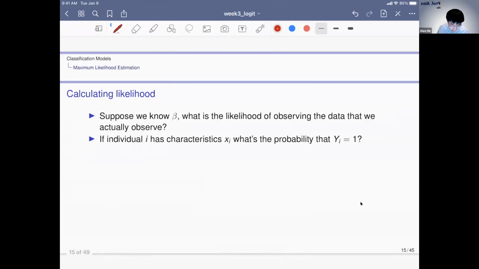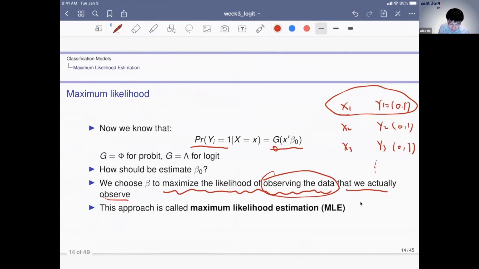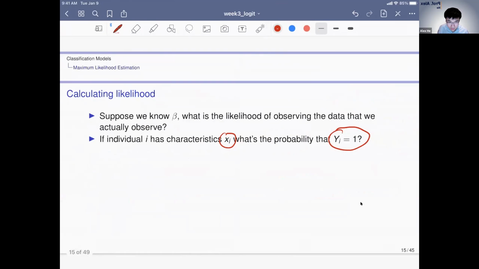For that individual, it has xi, and then what is the probability of yi equals 1? That probability is just this nonlinear function, right? That's g of beta x, the probability that y equals 1, given that you observe the individual has x.